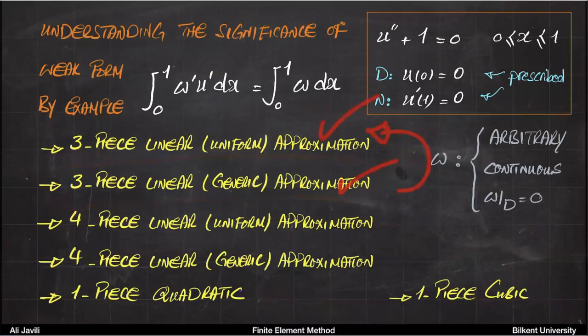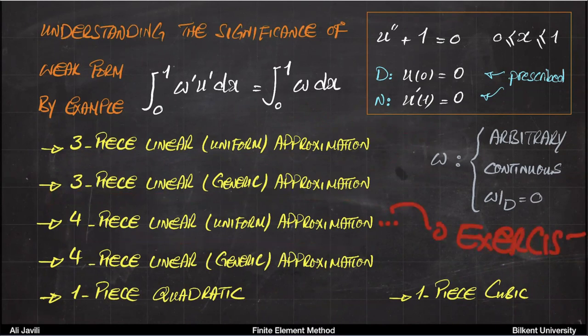So from that one, you can also get the uniform one. Now, again, four-piece linear uniform, I keep it as an exercise for you. But what we will do together is the generic form of it. So we do four-piece linear generic, and then again, once you have the generic version, the uniform version is not complicated at all.